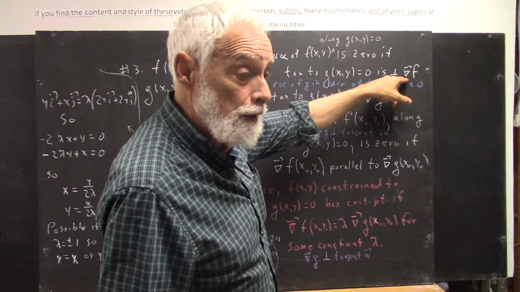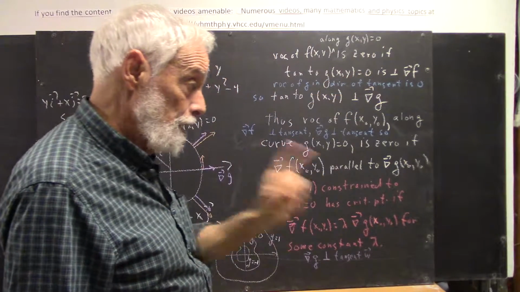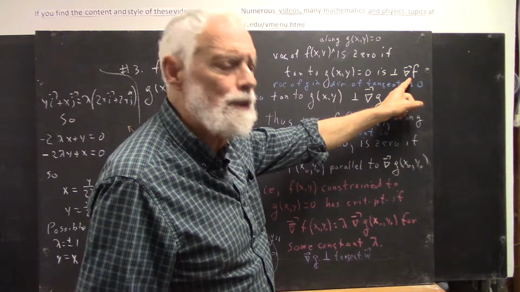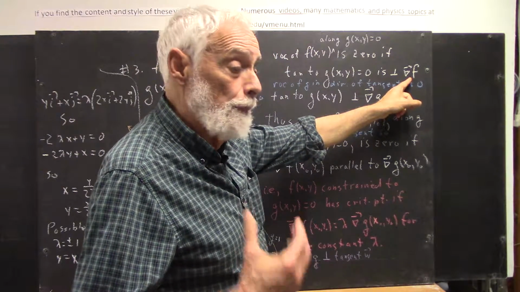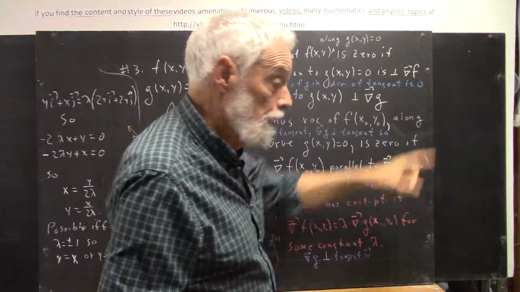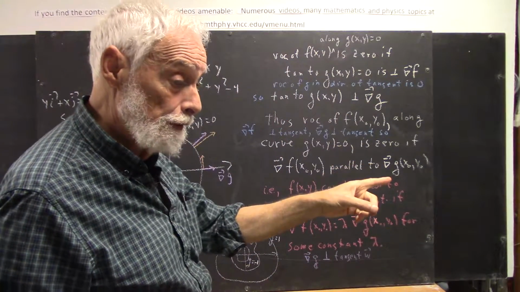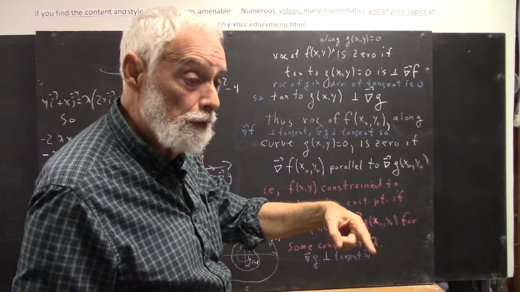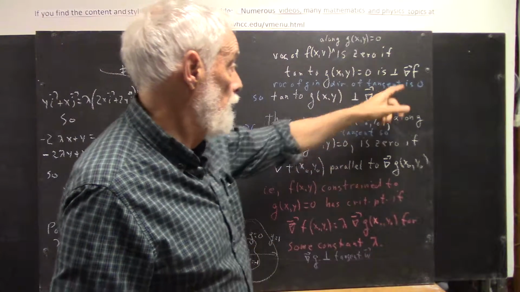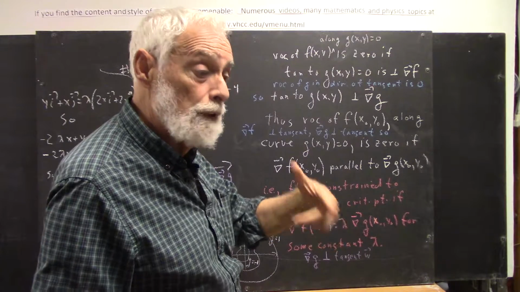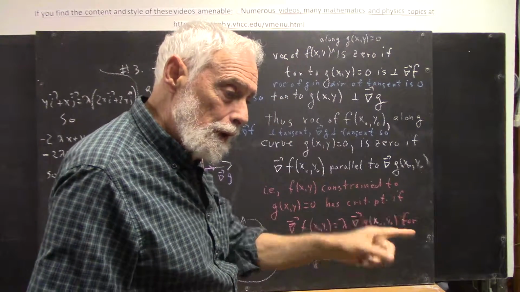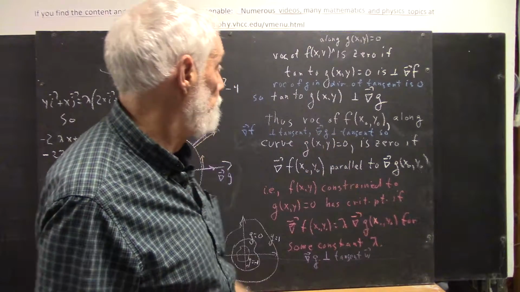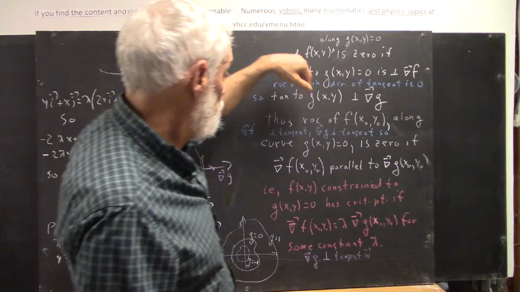If the gradient of f is perpendicular to that tangent, that means, the gradient of f being the direction and magnitude of the maximum increase, so the direction of del f being the direction of maximum increase, that vector has no component in the direction of the tangent vector, meaning that the rate of change of f in the direction of the tangent vector is 0, because perpendicular to your direction of maximum increase, you have the direction of no change.